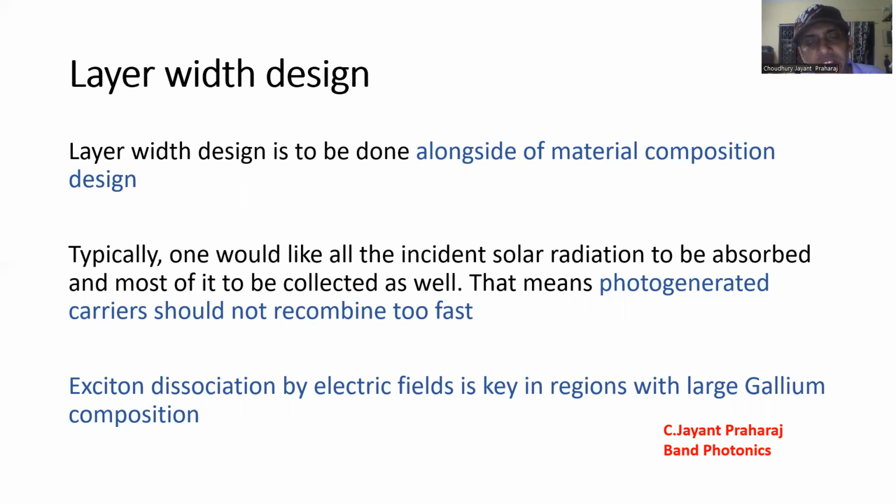So the electric field magnitude, etc., needs to be large in order to dissociate the excitons, and then these dissociated excitons can then mean that the conduction band electrons and the valence band holes can drift in opposite directions. And that is necessary for obtaining good photoresponse and for obtaining good power conversion efficiency in the solar cells. So this exciton physics is key to obtaining good solar cell performance in this material system.